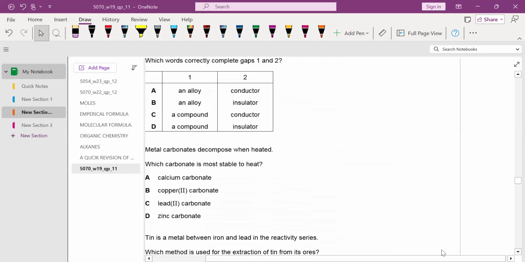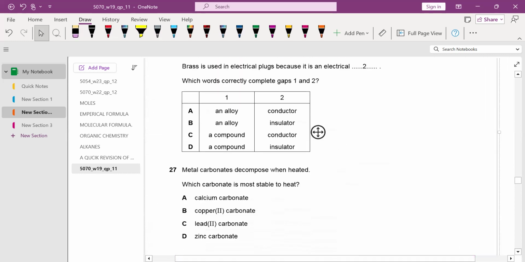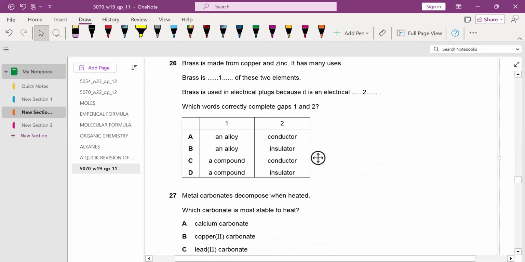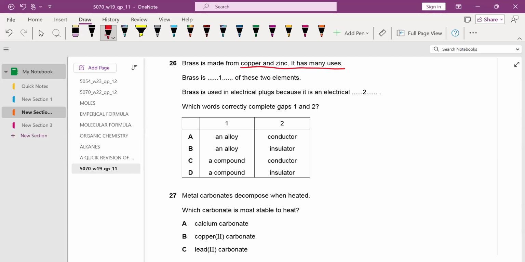Then question number 26. Brass is made up of copper and zinc, and it has many uses. Brass is one of these two elements. Brass is used in electric plugs because it is an electrical 2 and the 1.